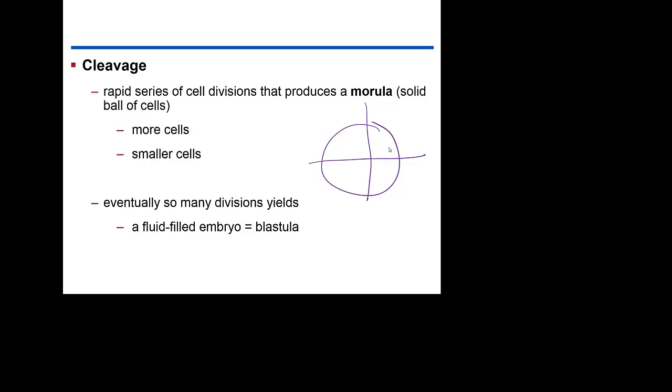Now, under normal cell division, you might be aware that there is a significant period of time associated with growth of the cell. We don't see that in embryonic development. This division happens so quickly that the cells don't have time to grow properly in between. So with every division, the cells get smaller and smaller.